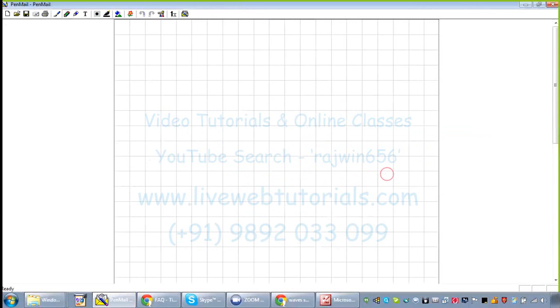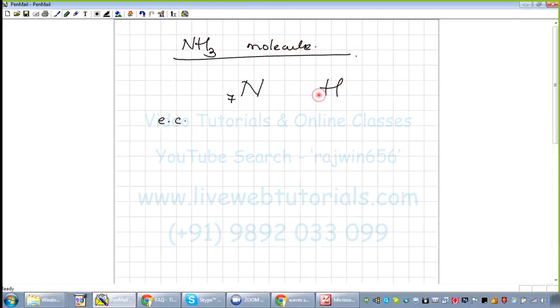Next part is formation of ammonia molecule, which is going to be NH3. Proton number of nitrogen is 7. Here the electronic configuration will be 2,5.